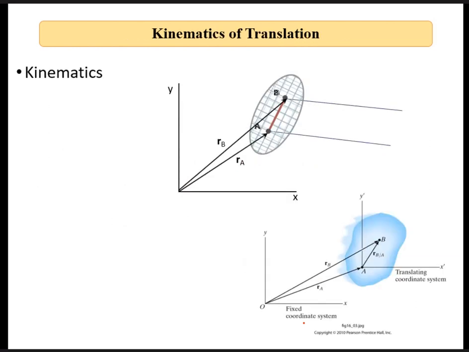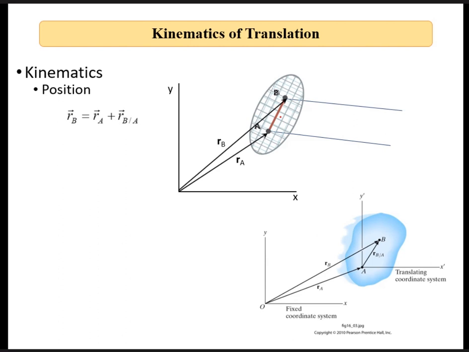See here, this is your x-axis, this is your y-axis, this is your rigid body, this is your point A with origin O, position vector of A is RA, with origin B, the position vector of B is RB. Again, position vector of B will be equal to RA plus RBA.